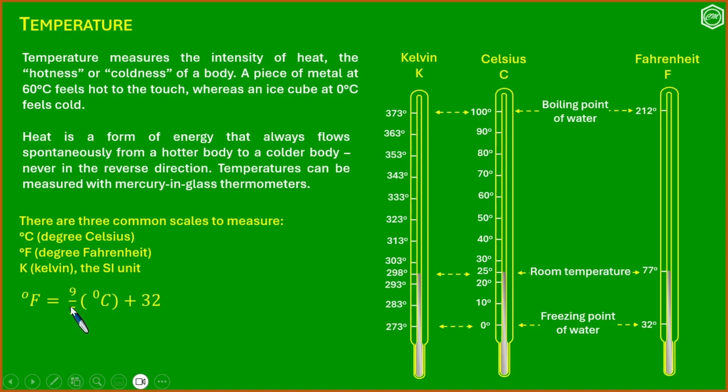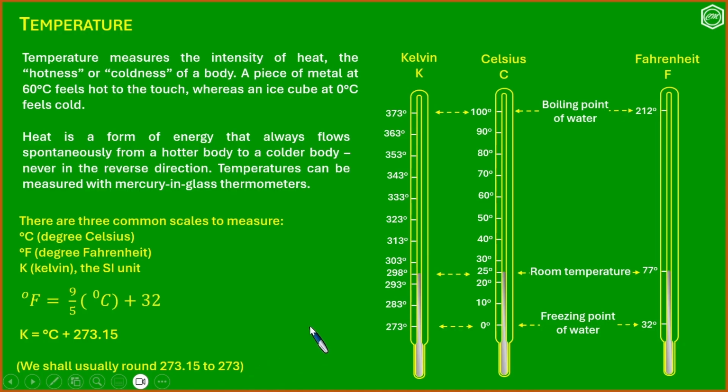So degree Fahrenheit is equal to 9 by 5 into value in the degree Celsius plus 32. Kelvin is equal to value in the degree Celsius plus 273.15. We shall usually round 273.15 to 273 for convenience.